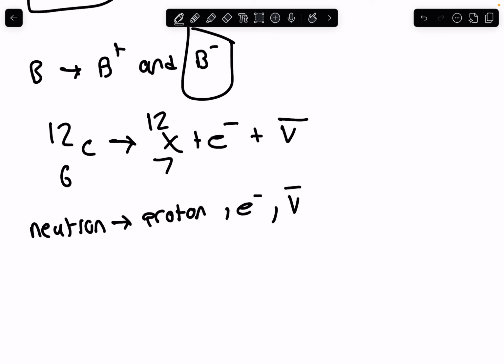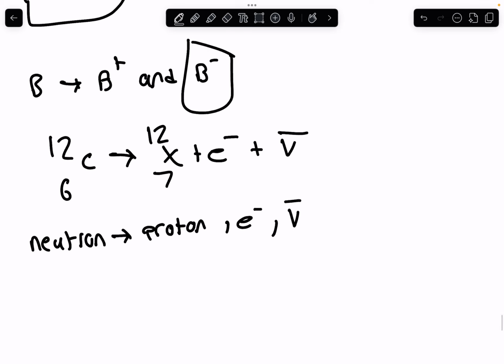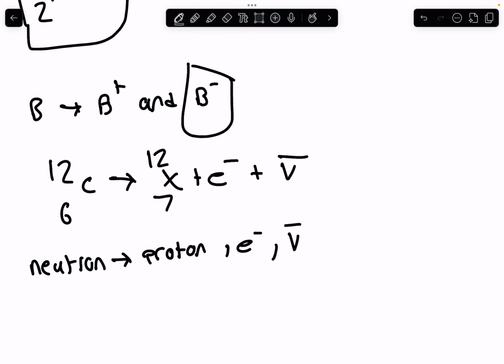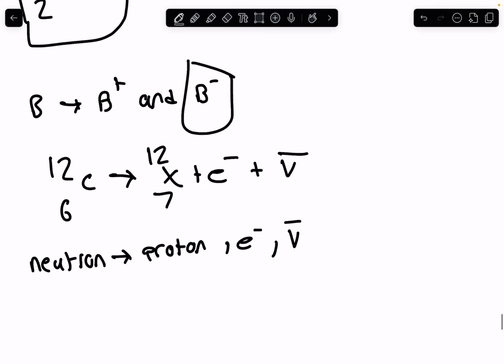It was hypothesized because some energy was left over. That energy had to go with something, or it would violate the law of conservation of energy. So this particle was created, and it takes most of the energy of the decay, and it moves at a very fast speed, very close to the speed of light, since it has very low mass.